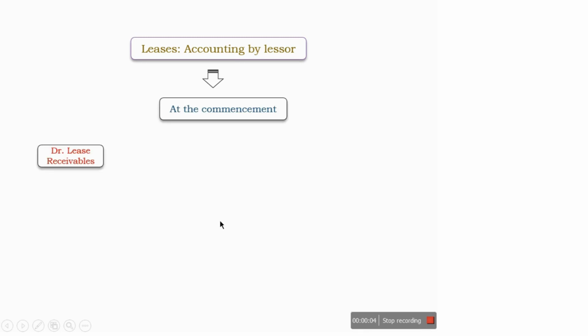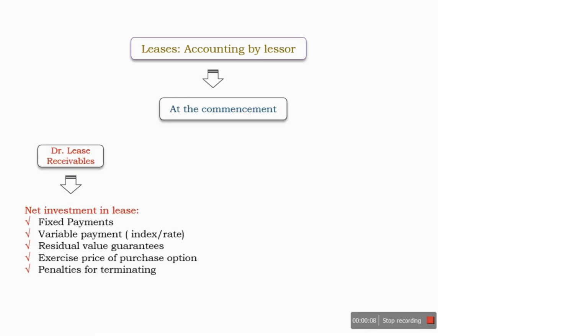At the commencement, the lessor will recognize a lease receivable, and this is the net investment in the lease that will count fixed payments, variable payments based on an index, residual guaranteed value, the exercise price of a purchase option if it is certain that this option will be exercised, and penalties for terminating.